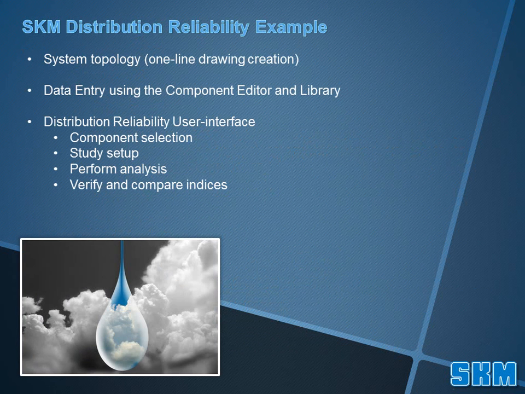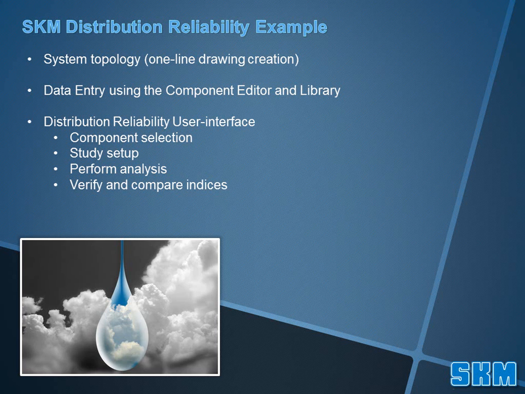These are the steps that are used in PTW for running a reliability study. System topology, which one creates a one-line drawing. Data entry using the component editor and library. Distribution reliability interface, which is part of the study.